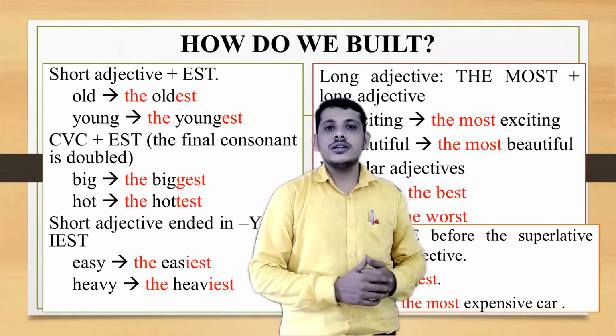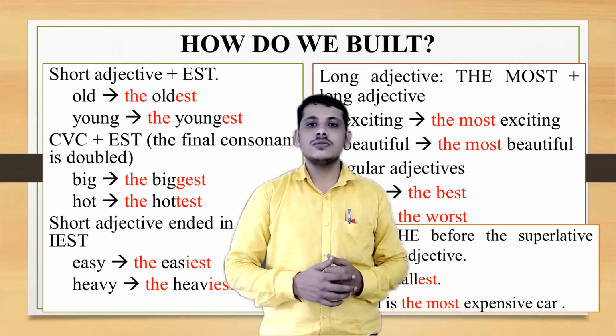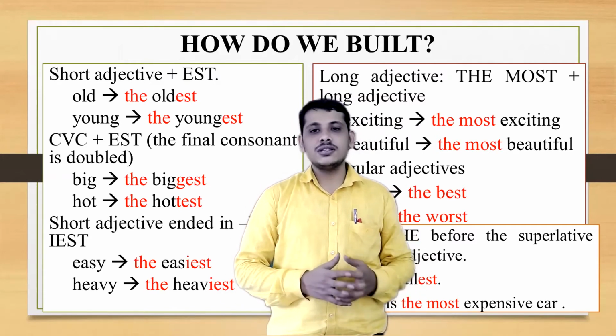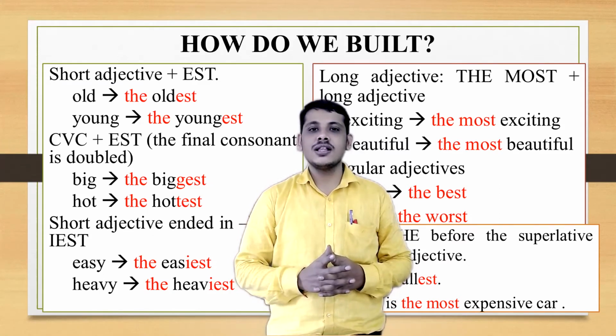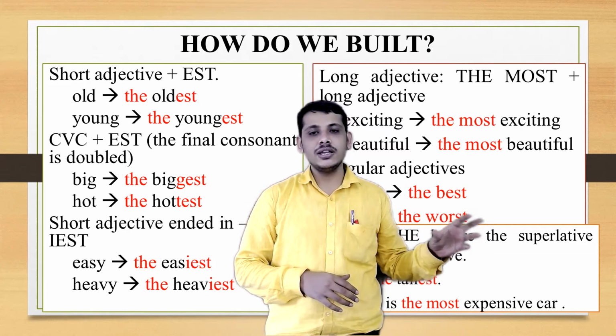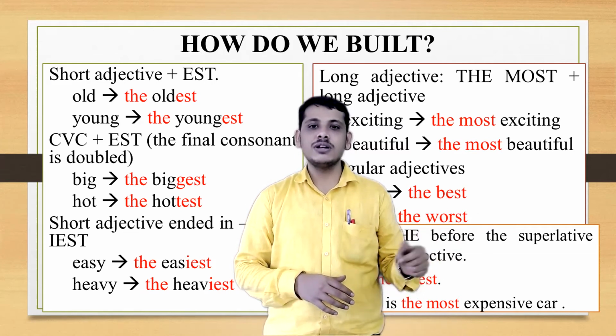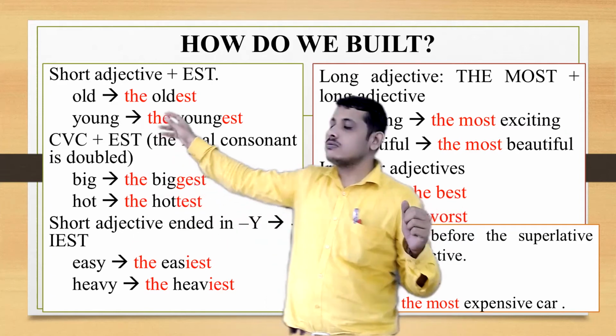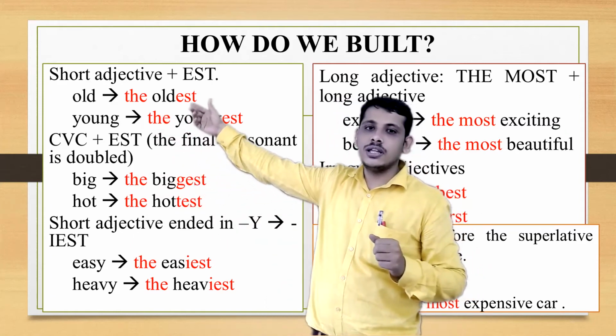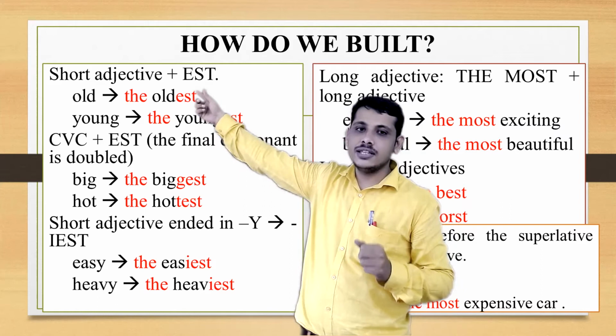Before going to more examples on superlative degrees, today we will see how to make the superlative form of adjectives. As we have seen the comparative degree, the same way here also, but with little changes. If the adjective is a short one, then we can just add est at the end.